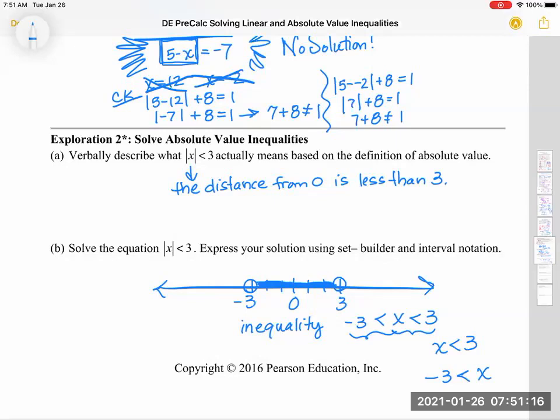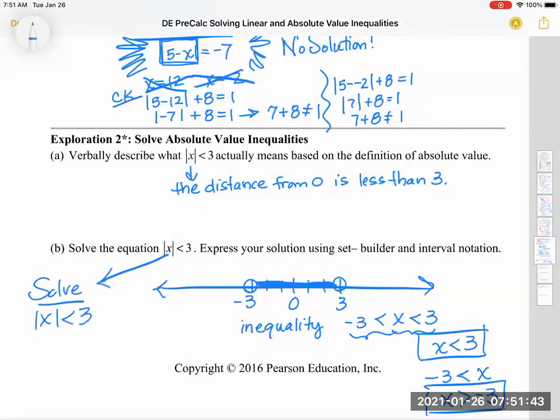Usually the x is on the left-hand side, right? So if we want to move this to the left-hand side, you put the x over on the left and then you flip the sign. So x is less than 3 and x is greater than negative 3 is another way to express that inequality. And it so happens to be how you solve the inequality. You take what you have and you make two inequalities.